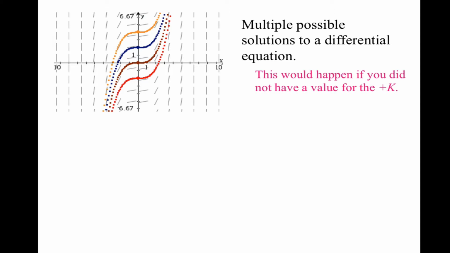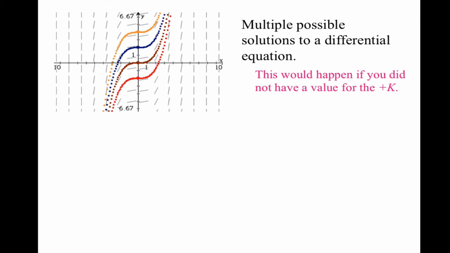As we did a few days ago, when you're solving a separable differential equation, or separating the variables, and you combine the C1 and the C2, you get that plus k. In some situations you're given an initial condition to find that constant.